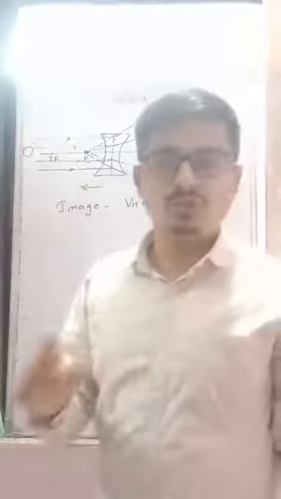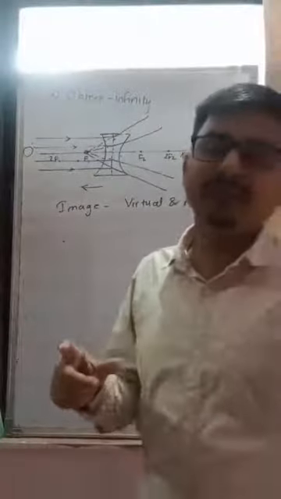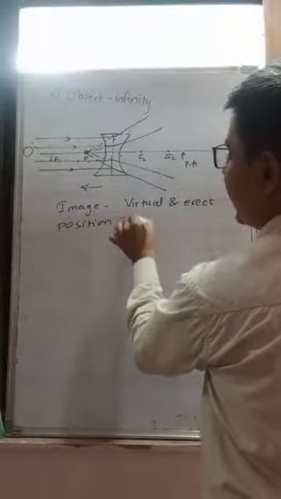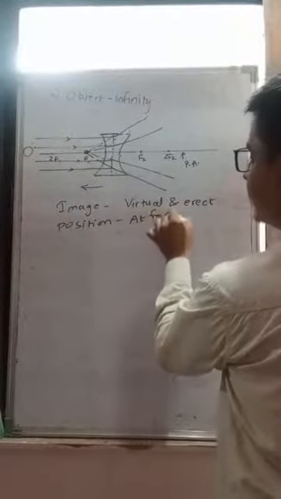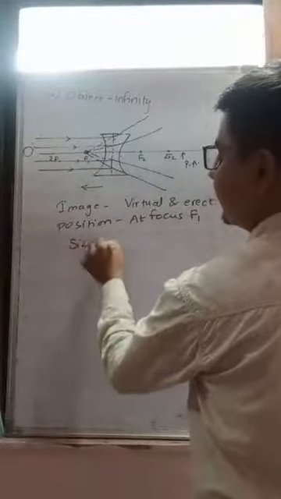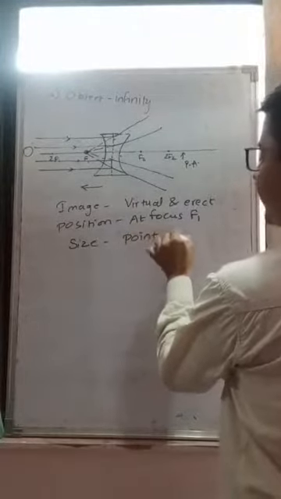A virtual image cannot be shown on a screen. So the image is virtual and erect. If you ask the position, the position will be at the focus, F1, and the size will be point-sized, or almost tiny.